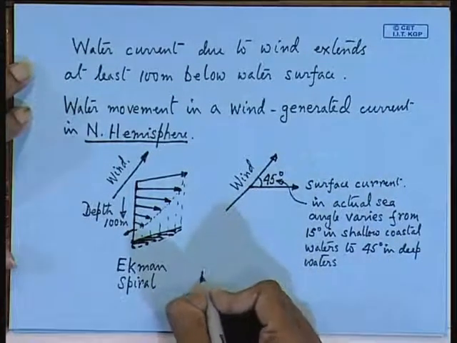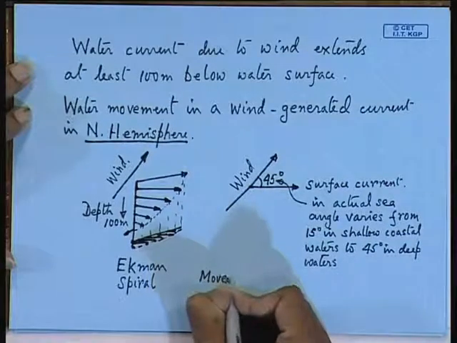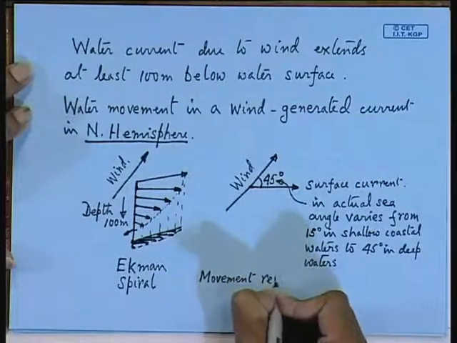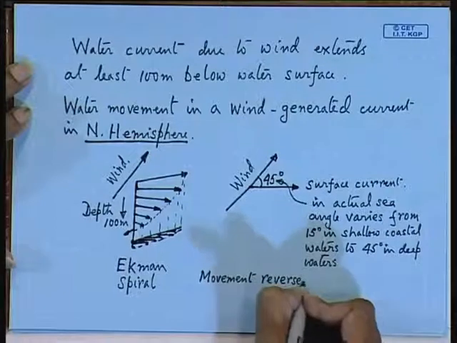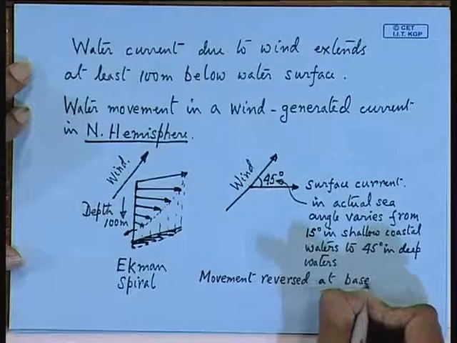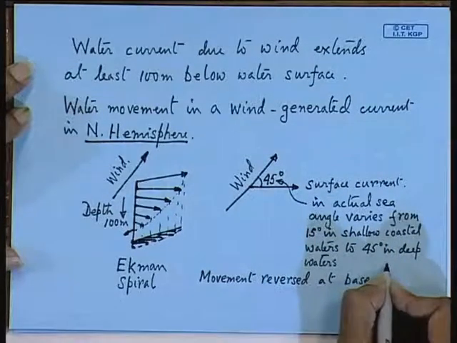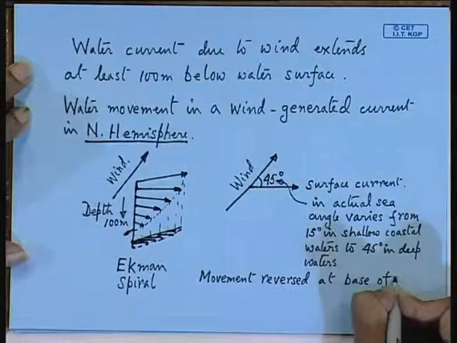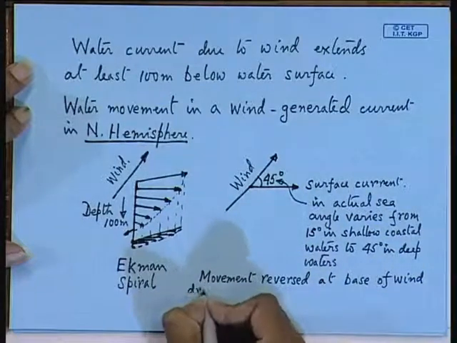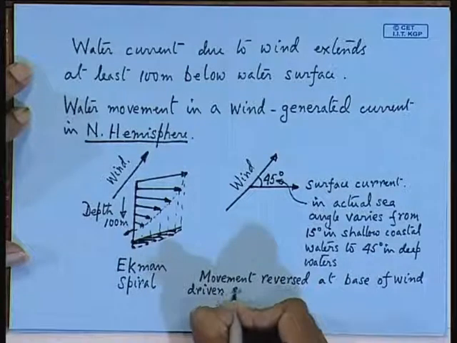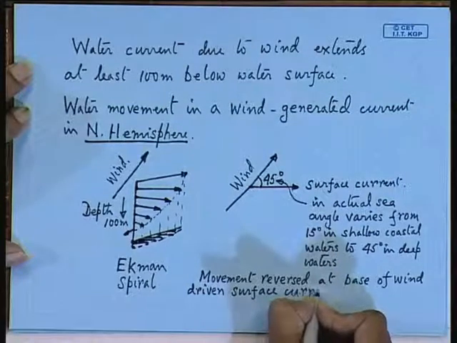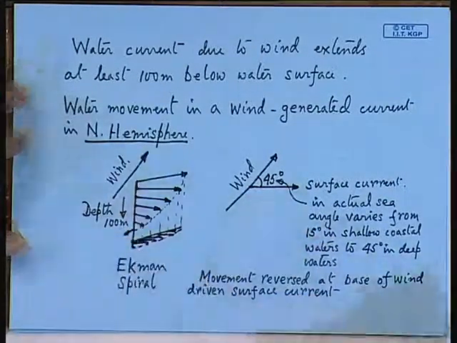So, movement reversed at base of wind driven surface current. So, this is your base and the direction is reversed.